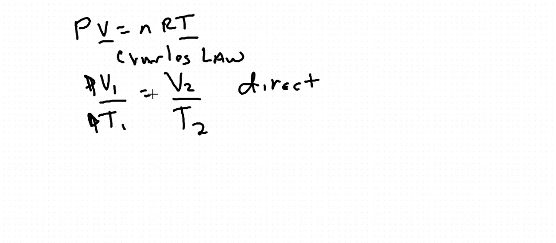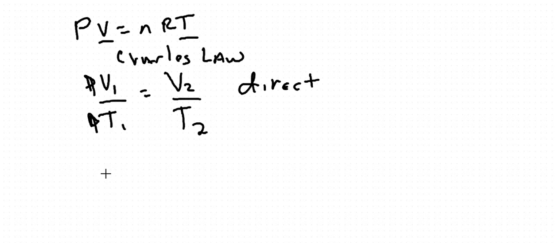Because the faster something moves, the quicker it'll get to one side or the other, right? So the only way that I can keep the pressure the same, which is the collision of the gas molecules on the side of the container, is to increase the size of the container, so the average amount of collisions will still remain the same. So remember, these two things are directly related to one another.